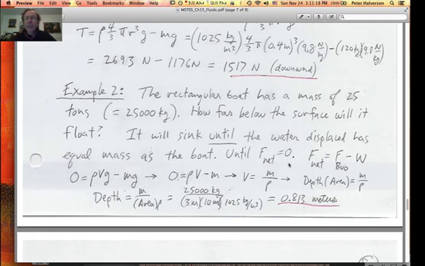The water is just holding up the boat nice and steady. So now the net force, which is equal to zero, is given by the buoyancy force, which is holding it up, minus mg, the weight. So we've got zero equals the buoyancy force, rho vg, minus mg.